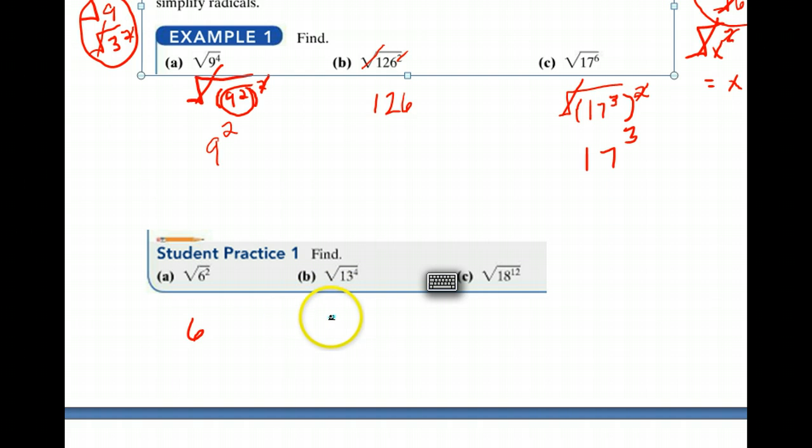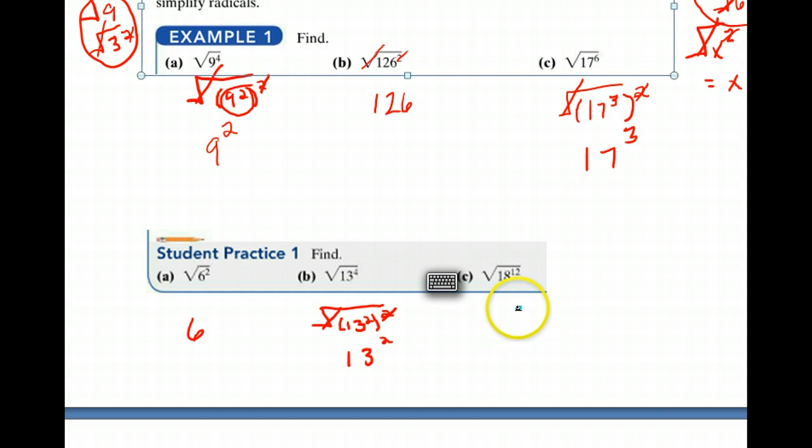In letter B, you want to think, well, what times 2 will make 4? 2 times 2 makes 4. So underneath that radical, we want to have 13 to the second power raised to the second power. We're going to allow the radical and the power of 2 to cancel, and we are left with 13 squared.